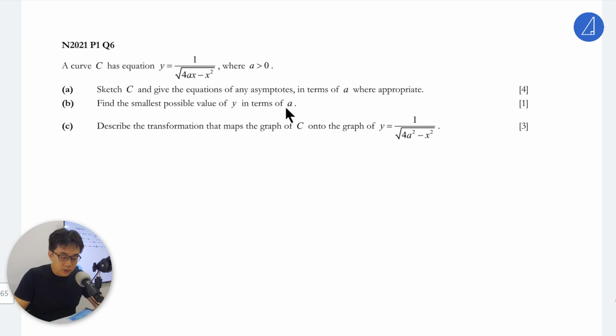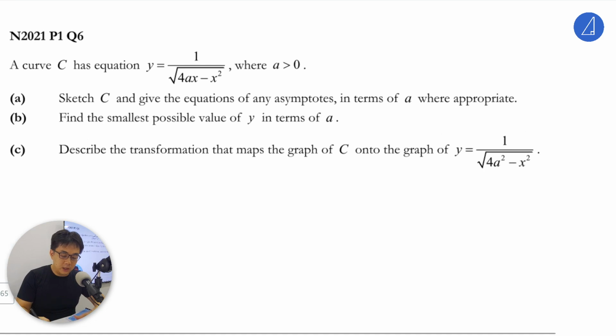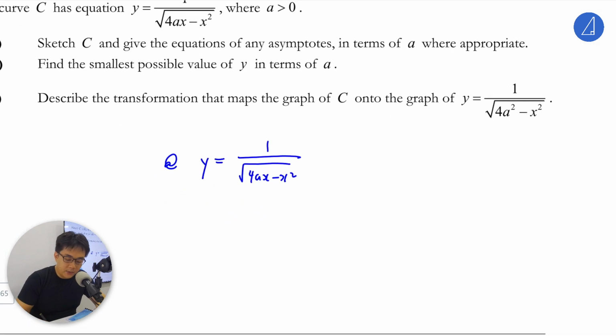So they are told to sketch this and give the equation of any asymptotes. I think this is pretty okay. Remember that for the vertical asymptote, this is a. So y equals 1 over square root of 4ax minus x squared. In this case, I would say factorize the x out. Then this is 4a minus x, right?